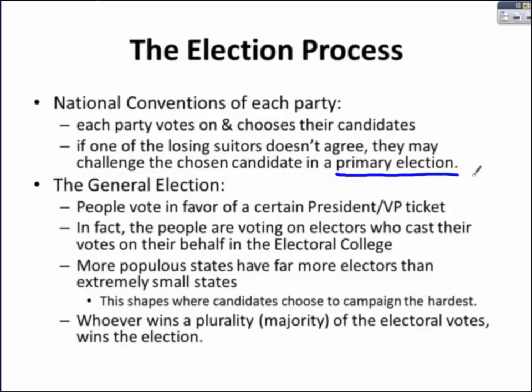New York, as an example, is worth 31 electoral votes, which means there are 29 congressional districts and 2 senators. More populous states, therefore, have more electors and receive a lot more of the campaign attention from the candidates than would a small state. Whoever wins a plurality, which is a majority of the electoral votes, wins the election. A majority in the current Electoral College system is 270 votes.